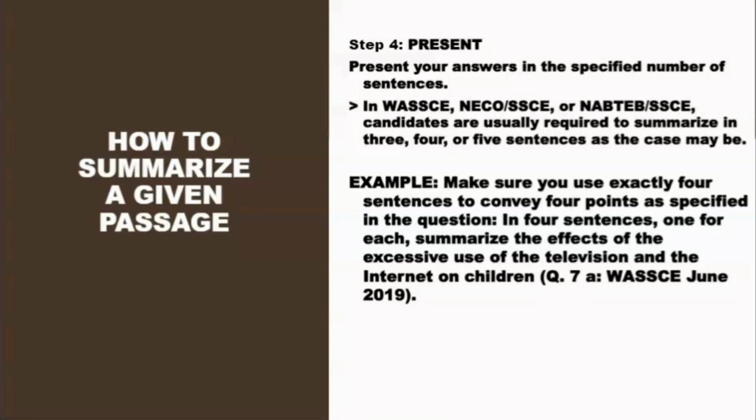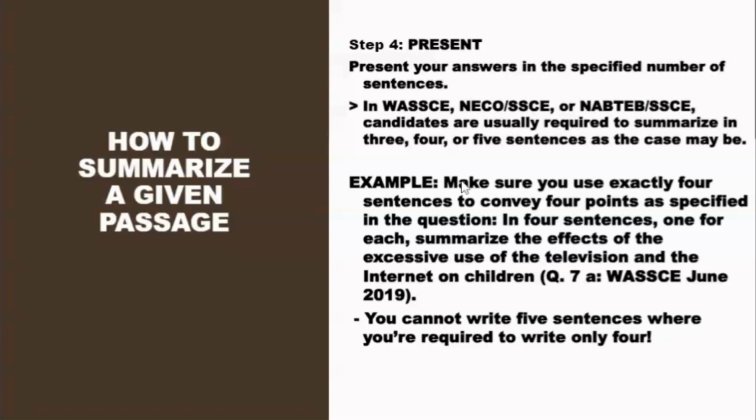So you use 4 sentences to convey the 4 points that you are asked to summarize. Okay, that's the way it is done. Now, you cannot write 5 sentences where you are required to write only 4, for example. Okay, now let's look at sample summary answers.